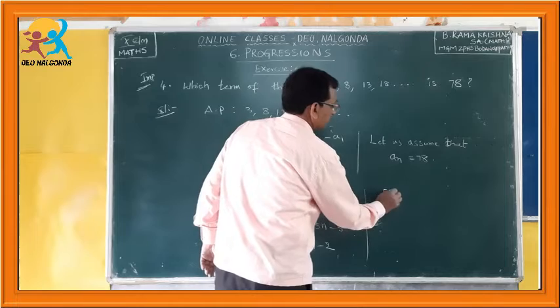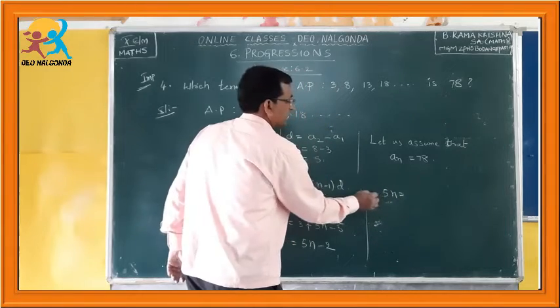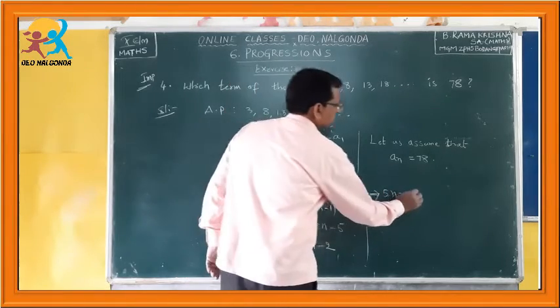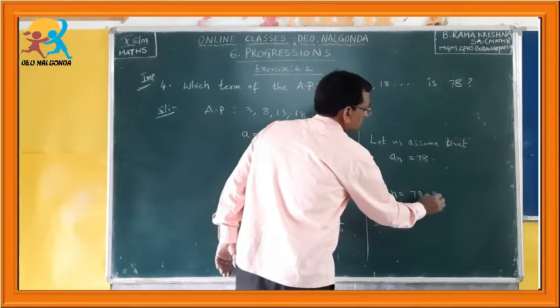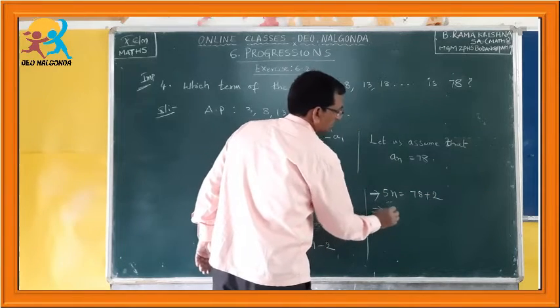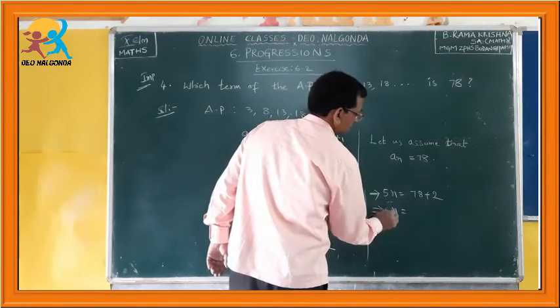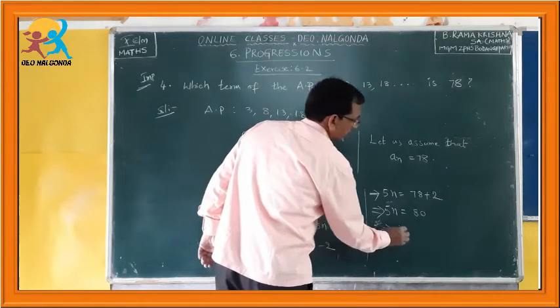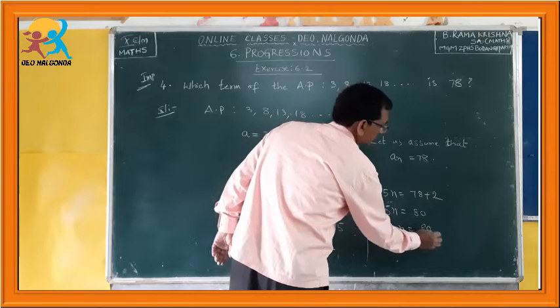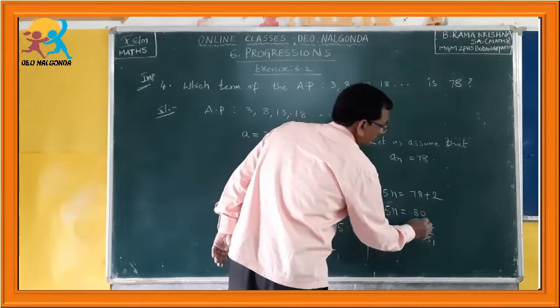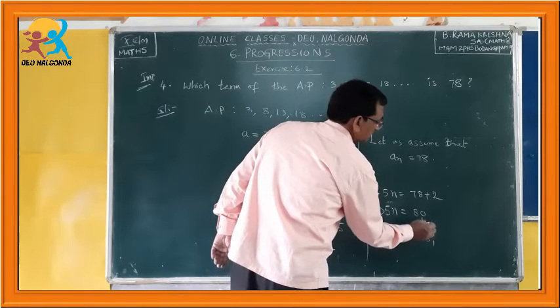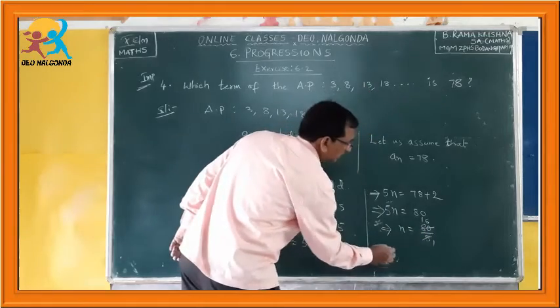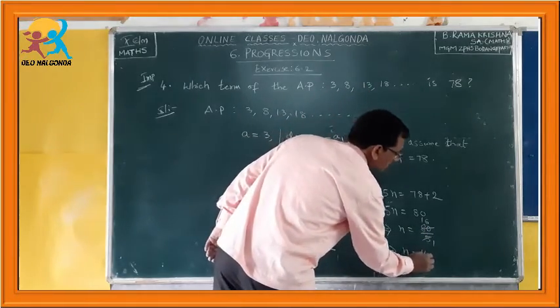So, 5n is equal to 78 plus 2, implies 5n is equal to 80, implies n is equal to 80 by 5. 5 ones are 5, 3 remains, 5 6s are 30, implies n is equal to 16.